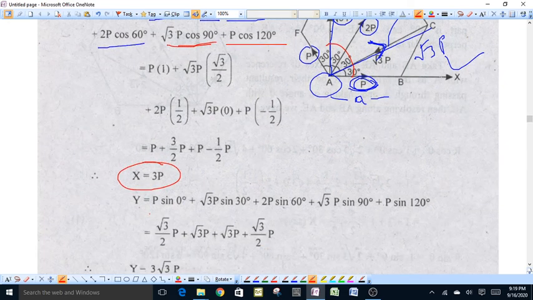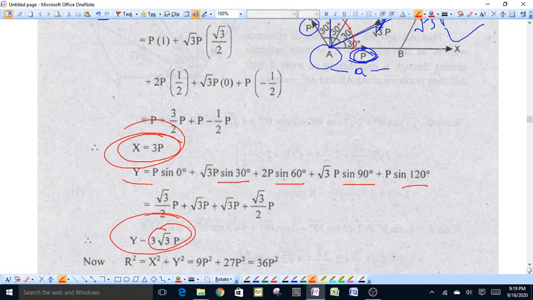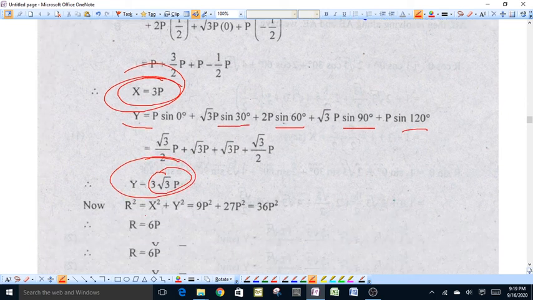Similarly, the y component of all these forces will be equal to P sin 0. We simply replace cos by sin, then we get the y component of all these forces, and by putting in the values of sin 0, sin 30, sin 60, sin 90 and sin 120, we get y is equal to 3√3P. Squaring and adding x and y, this gives R square.